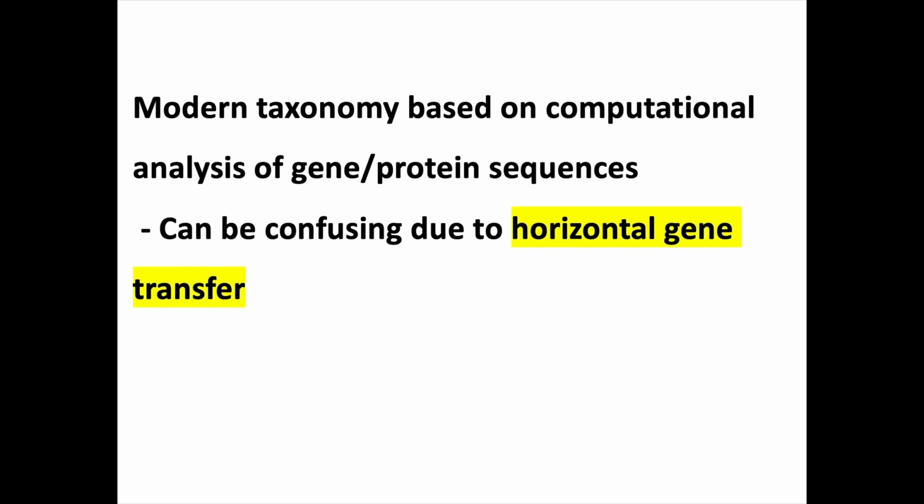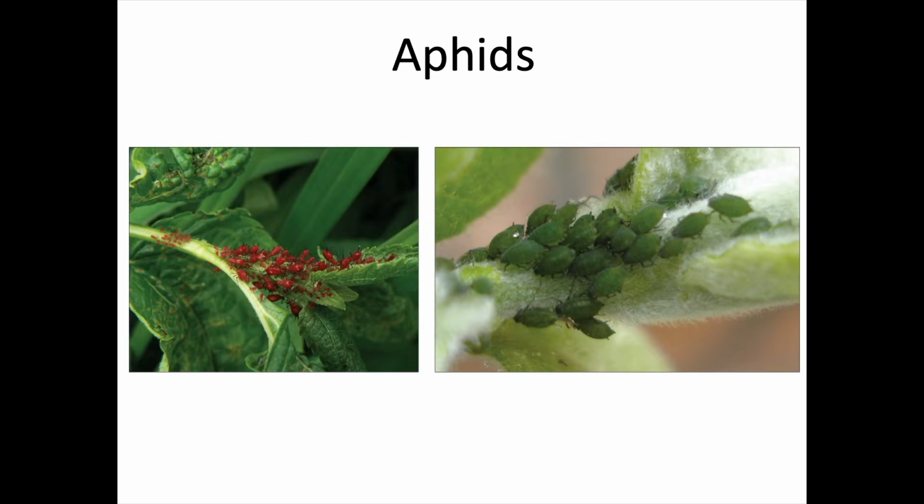So to look at an example of this, here are some aphids. These are bugs, the scourge of many a gardener out there, stealing nutrients from these plants. Usually they're green. These ones have sort of a rusty, brownish red coloration to them.